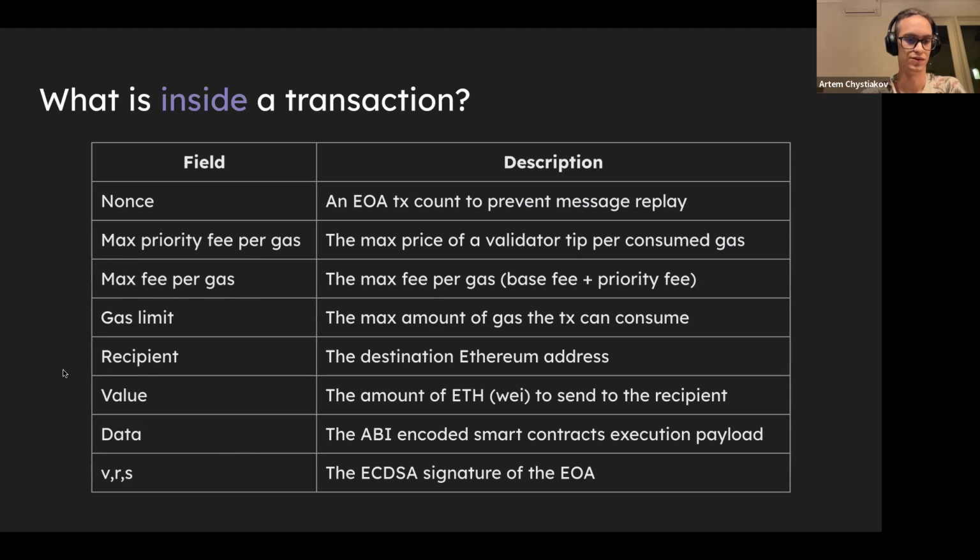While looking at a real transaction, I also saw a field called logs bloom. Could you please describe what it is used for? So it is not in the transaction. Logs bloom is a field in the block itself, and what it stands for is the logs that contracts emit.